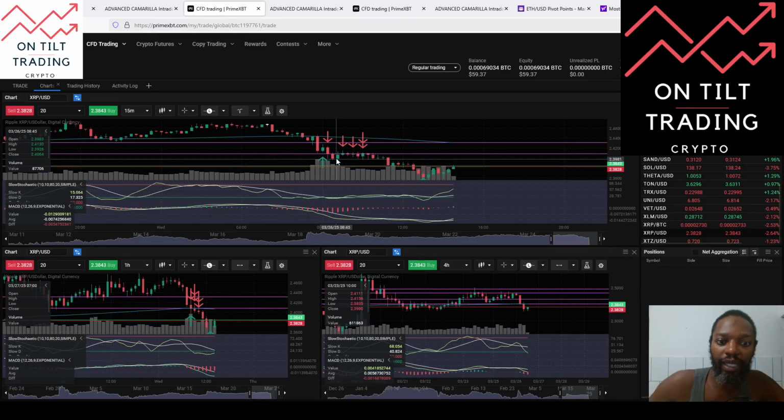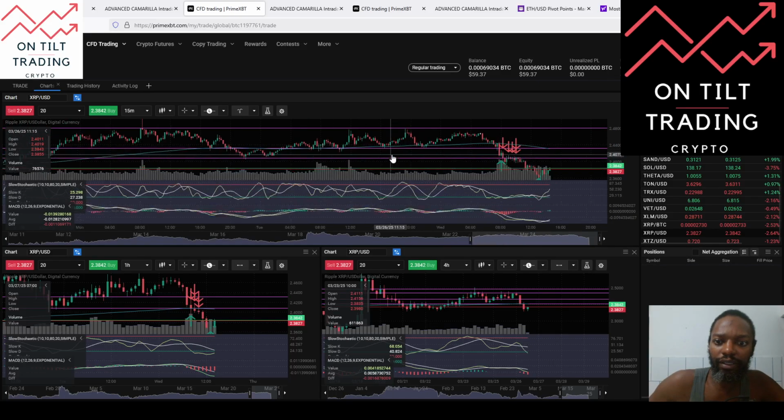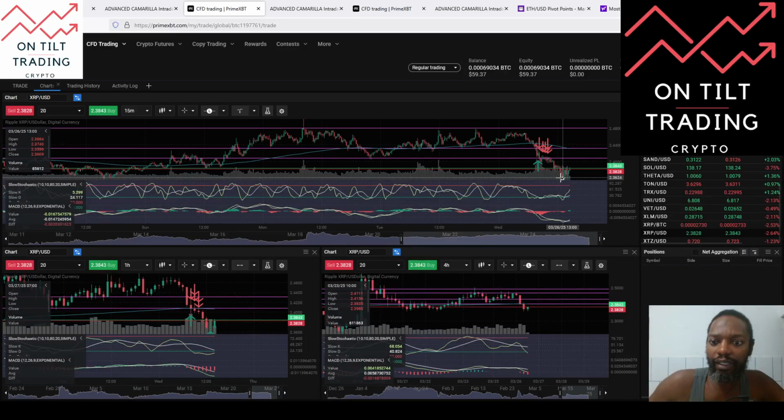I like the price action, like this volume profile, and then on this pullback, I take the entry right here at the S4 level, and I took profits here at the S6 level. So this would be the S6 down here, and this would be the S4 right here.